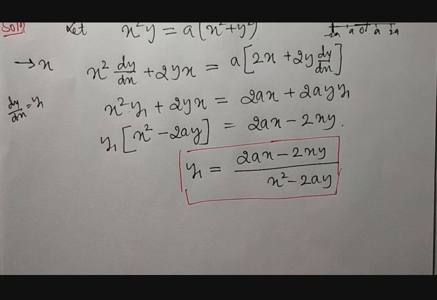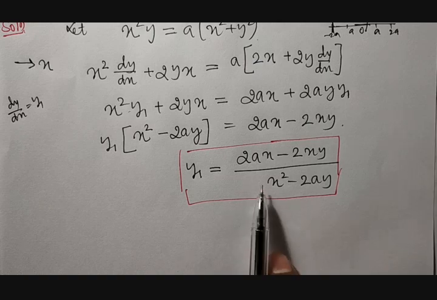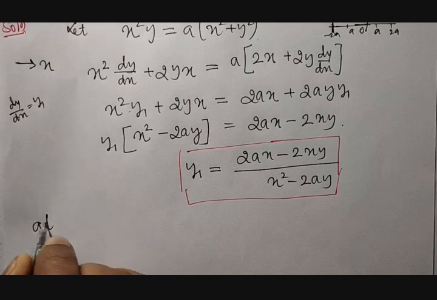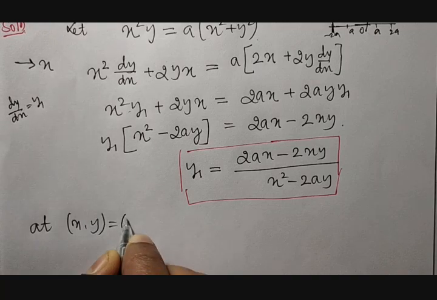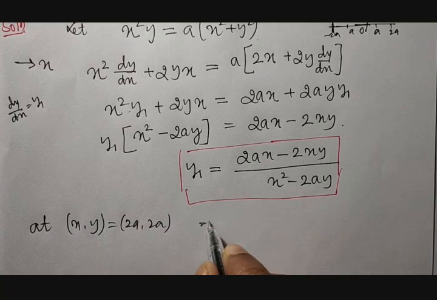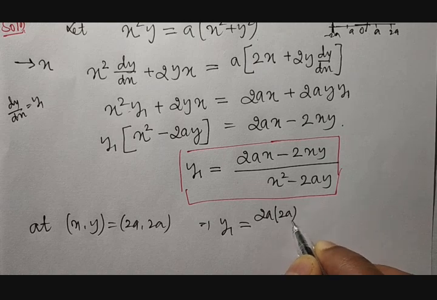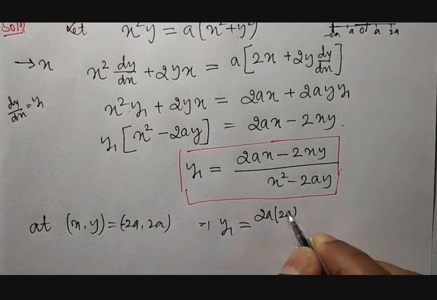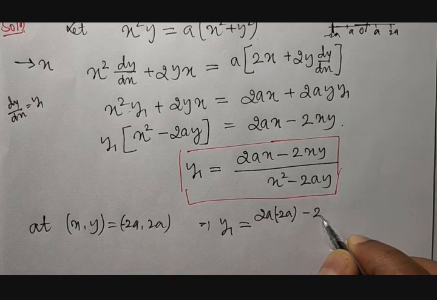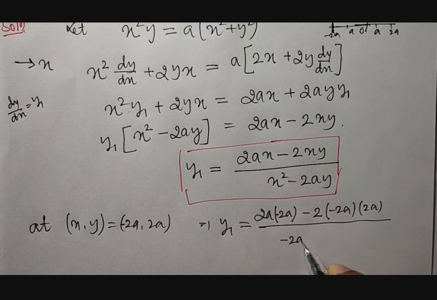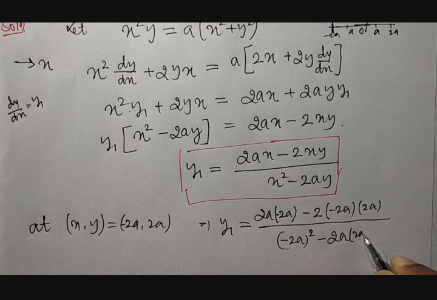In a previous example we took both y1 and y2 and then substituted the values. Even you can take y1, substitute the values, then differentiate the basic result and proceed. Let me take x, y equal to 2a comma 2a or minus 2a comma 2a. Then y1 is equal to 2a into the value of x, minus 2a, minus 2 into minus 2a into plus 2a, divided by minus 2a the square, minus 2a into 2a.